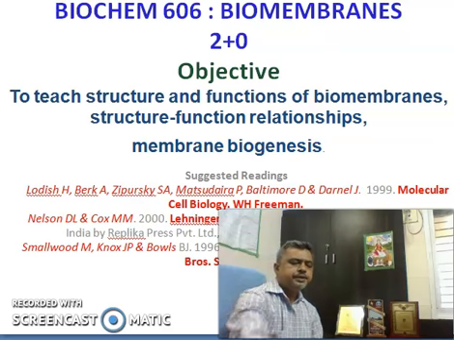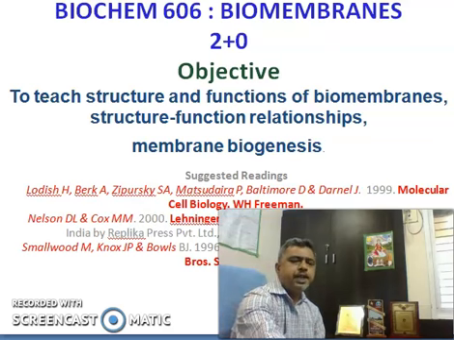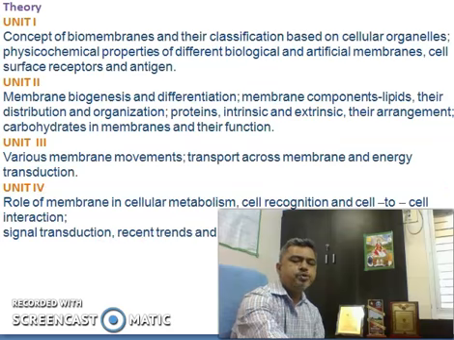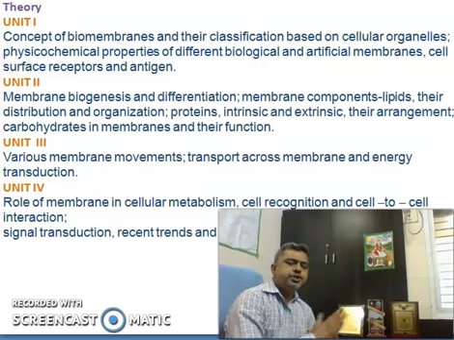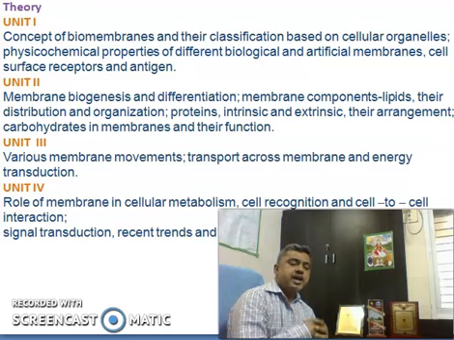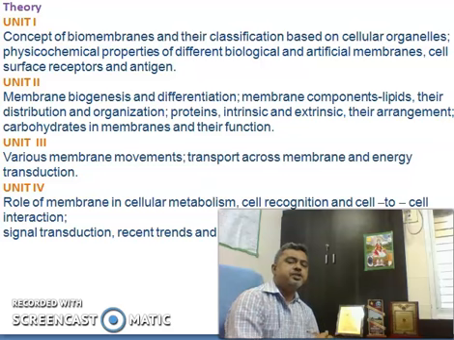Now unit-wise, I am telling you, this is the suggested reading reference. You can read from that book also. Now in theory, a total of 4 units are there. We will start with the concept of biomembrane and their classification based on cellular organelles and physico-chemical properties of different biological and artificial membranes.